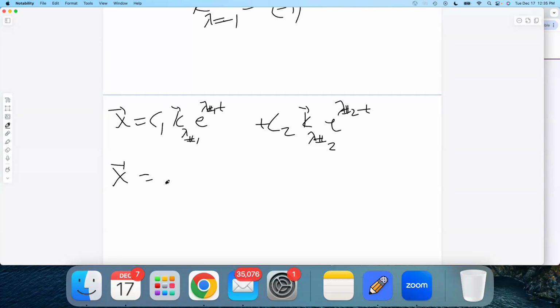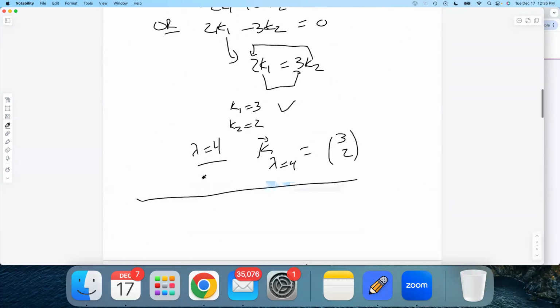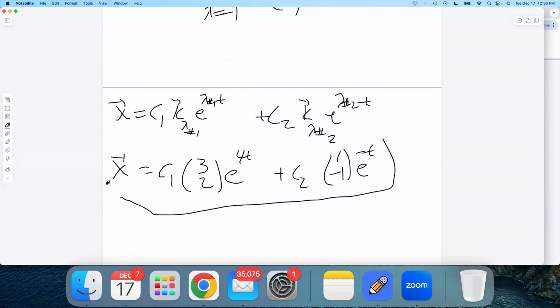Okay, so I get C1, I've already forgotten what it was, 3, 2, e to the 4t plus C2. I think I went with 1, -1, e to the -1 t.